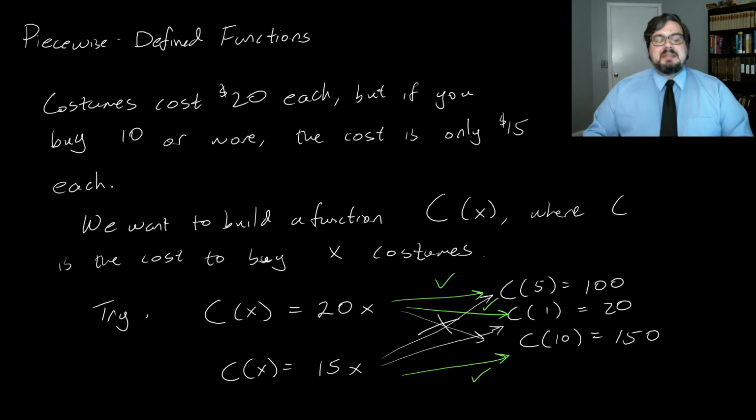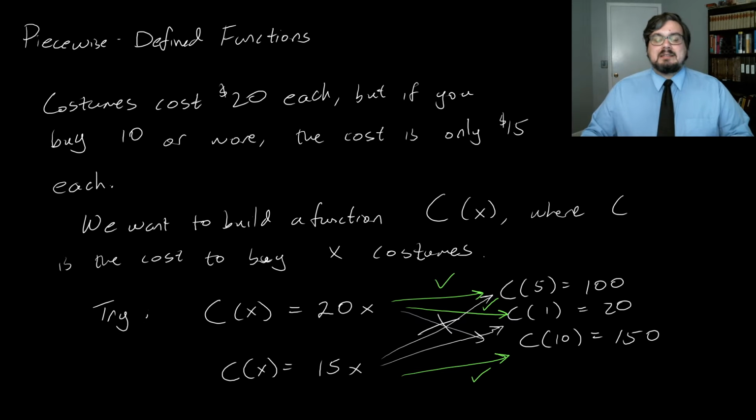So the problem here is that we can't use a single formula to represent this function, and that's because the function changes behavior. The cost to buy these costumes changes, and so we need to use different formulas depending on what quantity of costumes we want to buy.